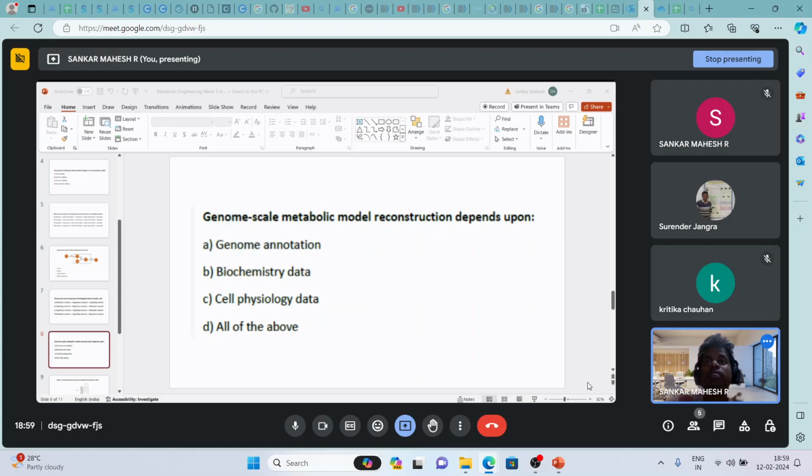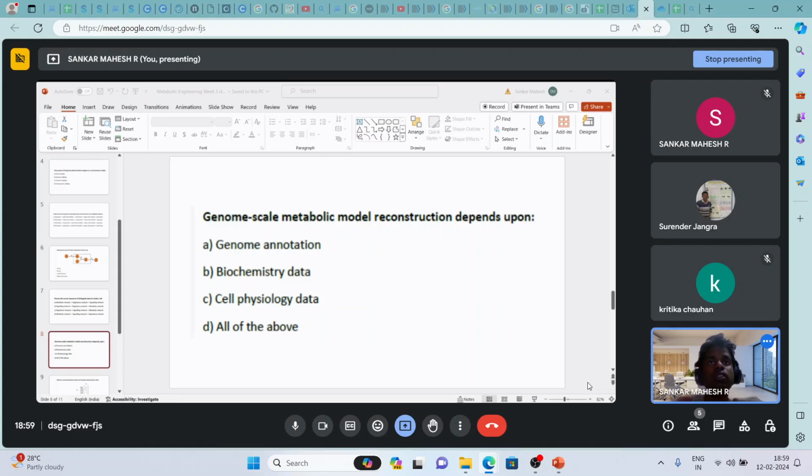It is called cell physiology data, meaning at a particular environmental condition, these are the genes that are being expressed or repressed, active or inactive. Not all genome scale metabolic models will have cell physiology data, but it is also included in a case specific manner. So the answer is all of the above.